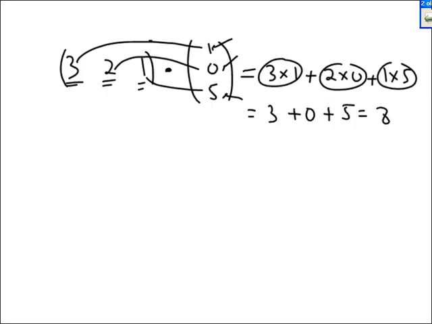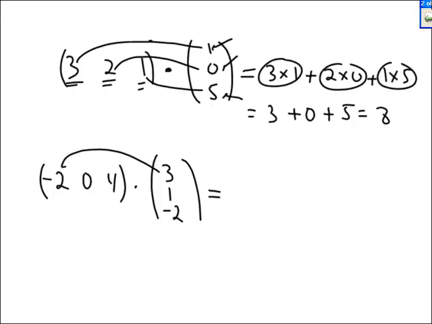That's the dot product. If you have negative 2, 0, 4, and you want to dot it with 3, 1, negative 2, you multiply the first entries, you get negative 6. Plus, you multiply the second entries, you get 0.